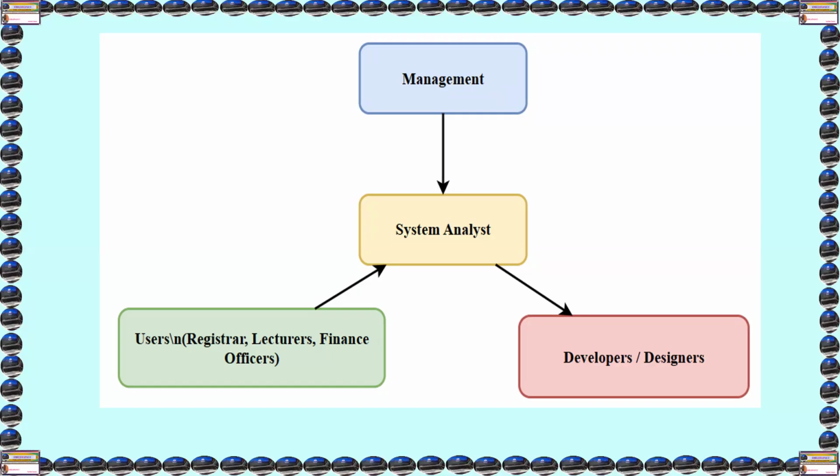So a system analyst is very important because this is the person who brings together, who connects all the other stakeholders who are involved: the management of the organization, the implementers of the various processes, and the developers. Those people have to do the design and even the coding or constructing of the system. So that's the role of a systems analyst. That is where he or she is stationed or situated.